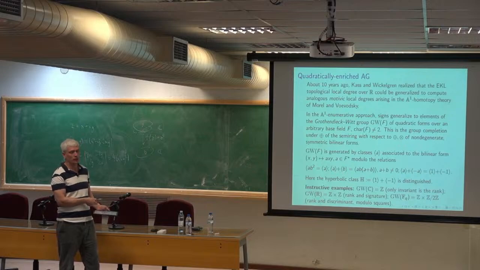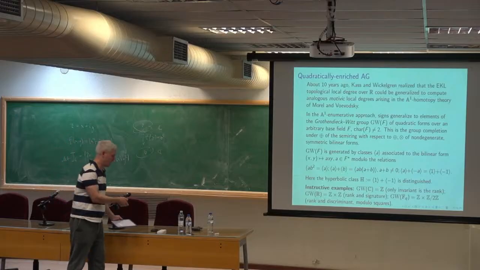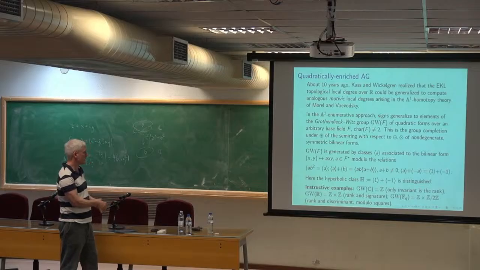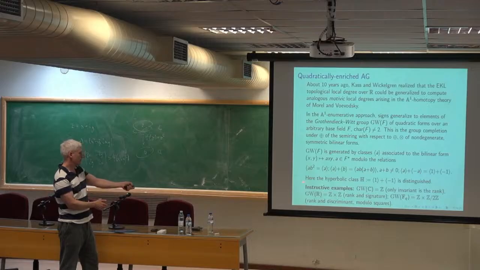So correspondingly, the Grothendieck-Witt group is isomorphic to Z. And if you consider other fields, for example, the Grothendieck-Witt group of the real numbers is isomorphic to Z cross Z, where the two factors correspond respectively to the rank and the signature of the quadratic form.